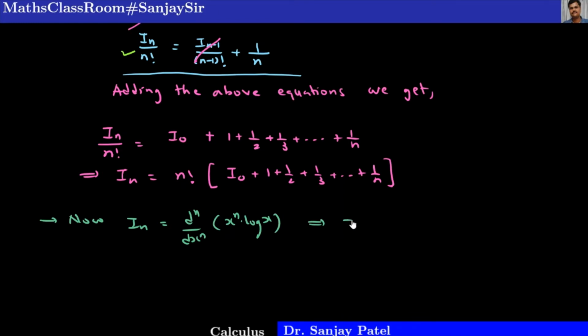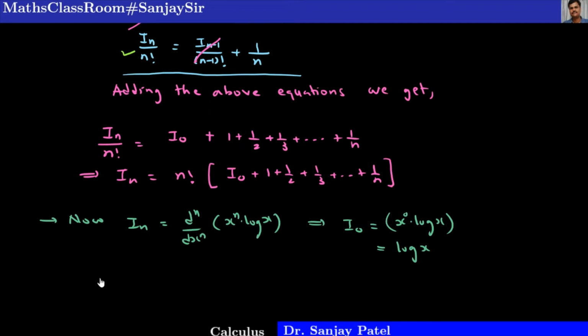So we have I0, which means the zeroth derivative, is nothing but the function x^0 into log x, and it is simply log x only. D0 means zeroth derivative, but that we consider as the function only. I0 means the given function. I1 is the first derivative of that function. I2 is the second derivative of this function, and so on.